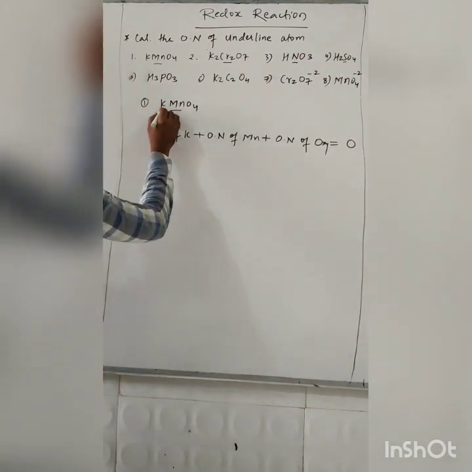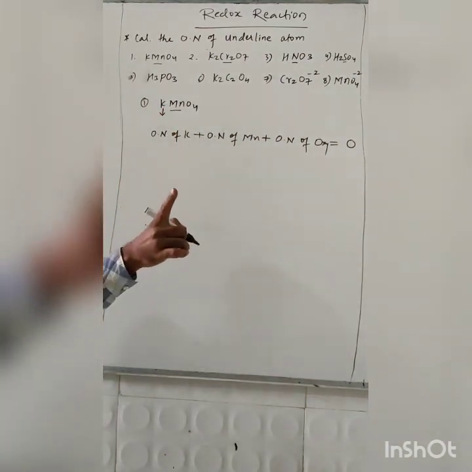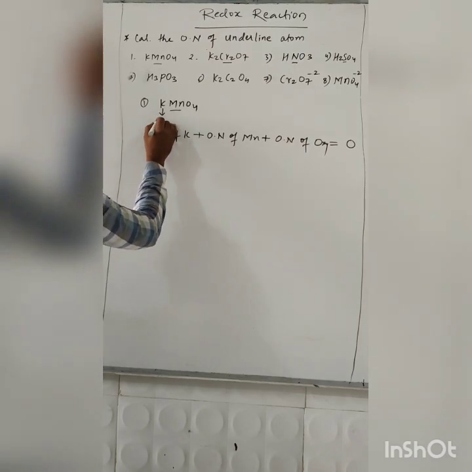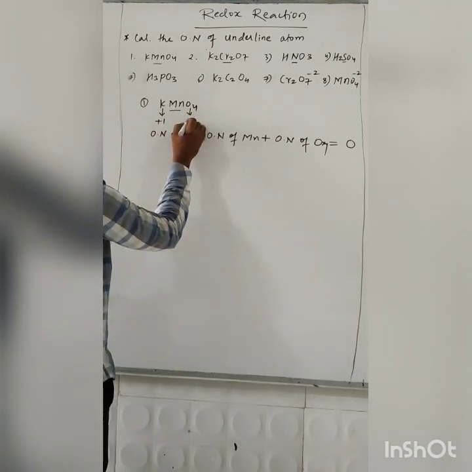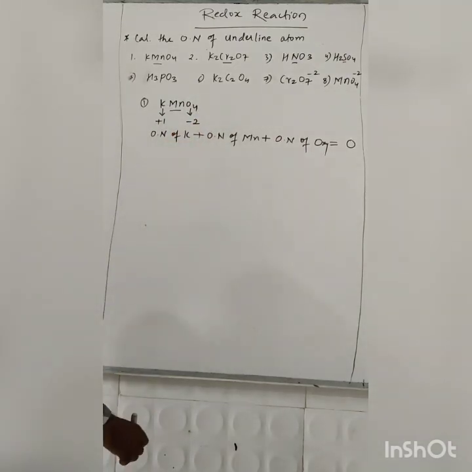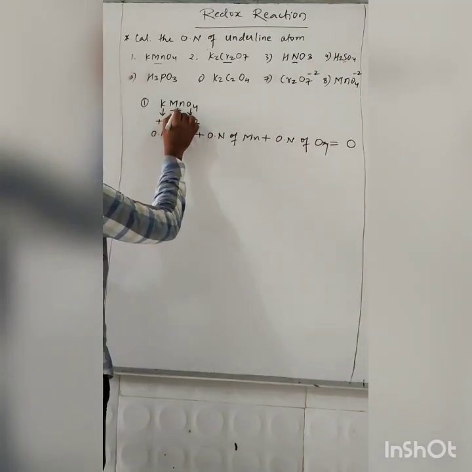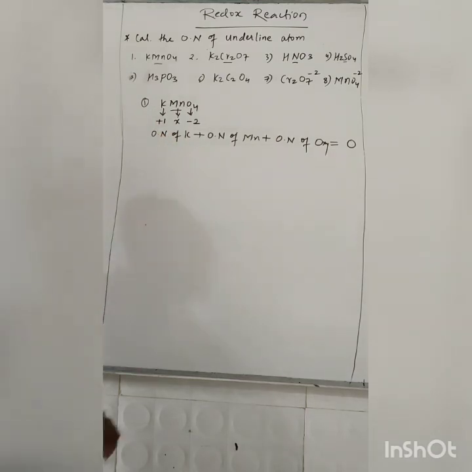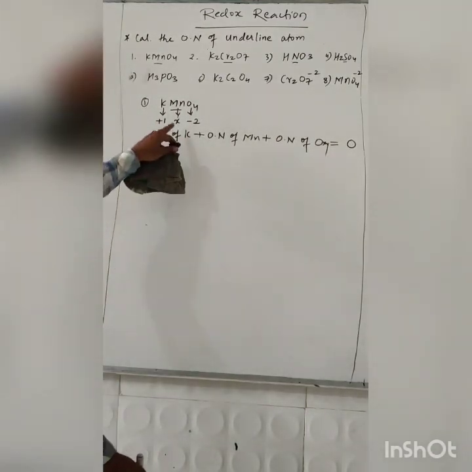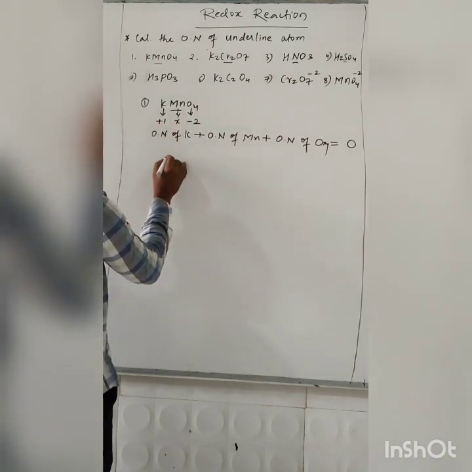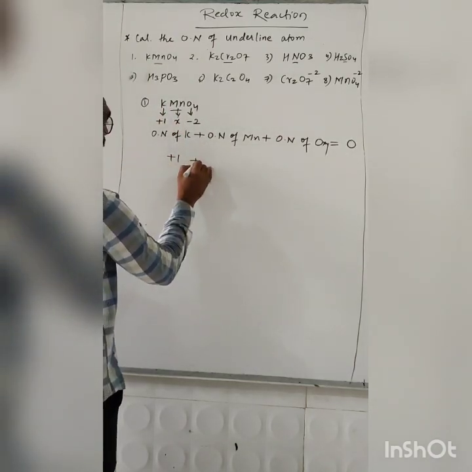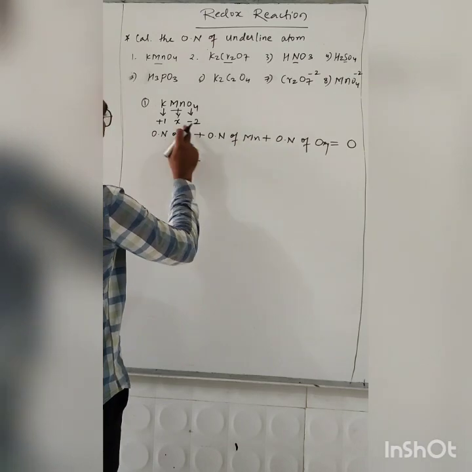Potassium is a group 1 element and it has a charge +1. As per the rule, oxygen is -2. And we have to find out manganese, that is x.